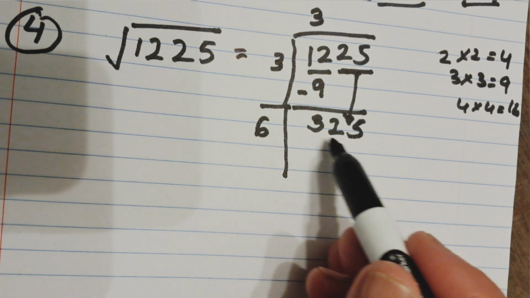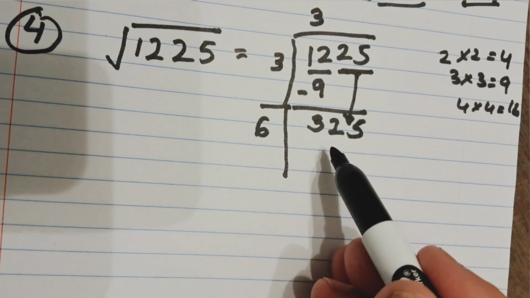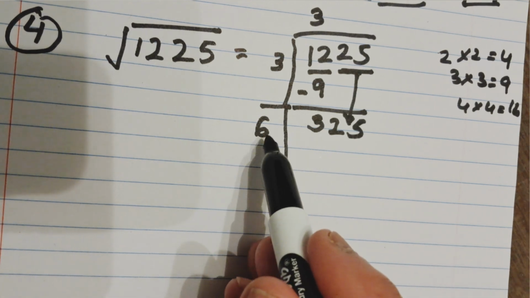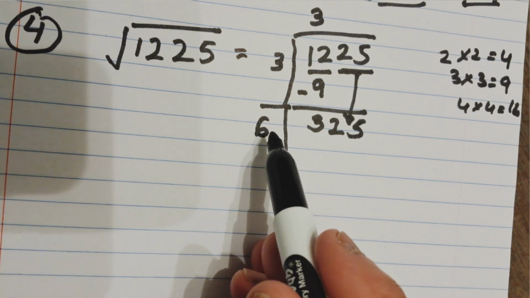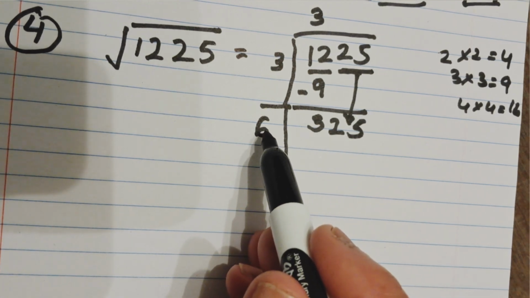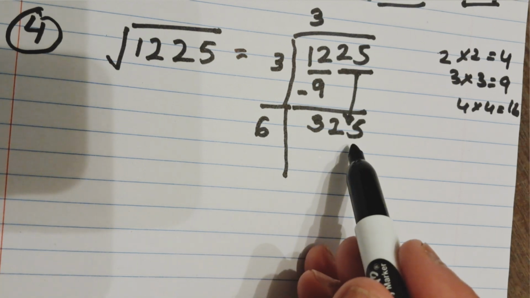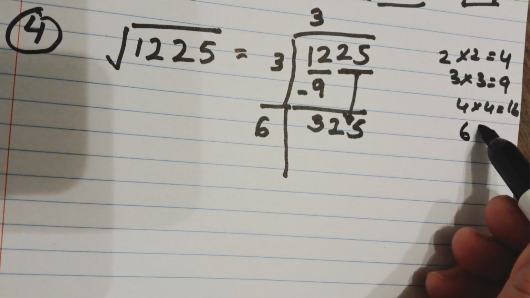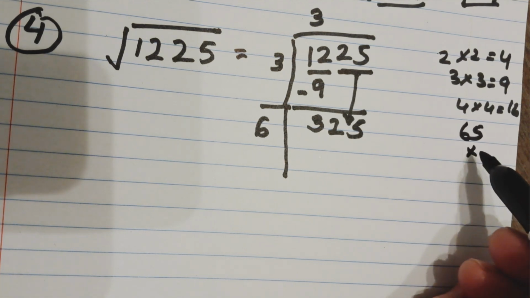So this amount should be same as this amount, or less than this amount. We should realize that the last number is 5. So if we multiply by 5, then it should be the same. So we will try 65 multiplied by 5.